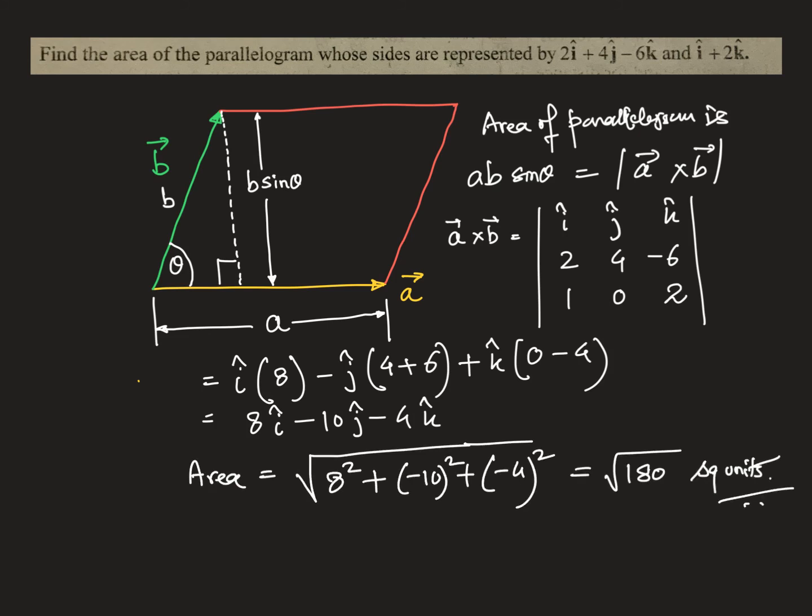Here I will tell you something. Suppose there is a triangle having sides A, B, C, and small a, small b, and small c, and the angles opposite to the sides are angle A, angle B, and angle C. You can do it in a certain way like this.